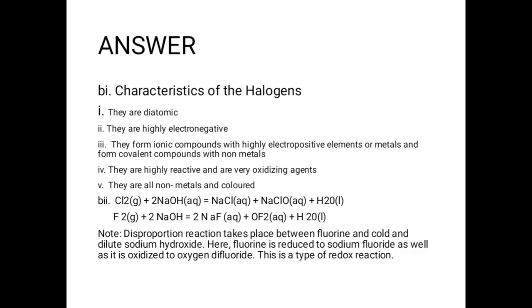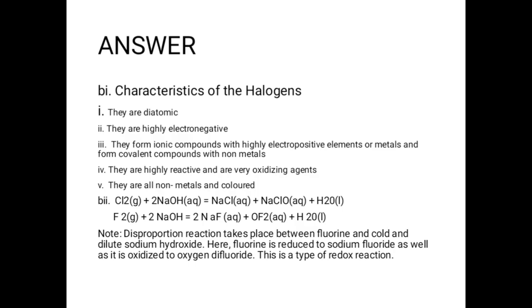Now please take note, in the second reaction here, especially between fluorine and sodium hydroxide, this disproportionation takes place between fluorine and cold dilute sodium hydroxide. So fluorine is reduced to sodium fluoride, and as well it is oxidized to oxygen difluoride. That is what is called a disproportionation reaction.